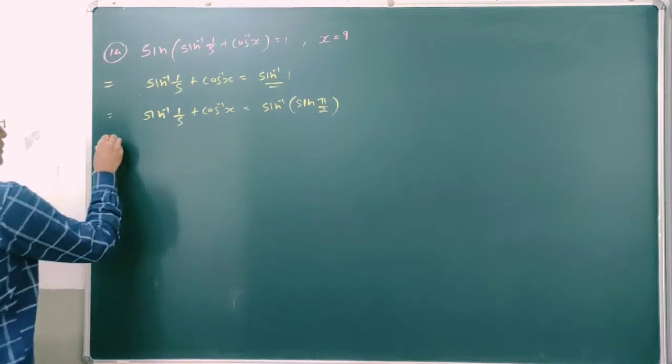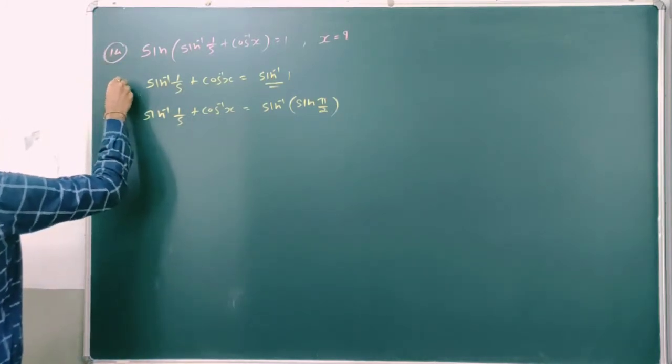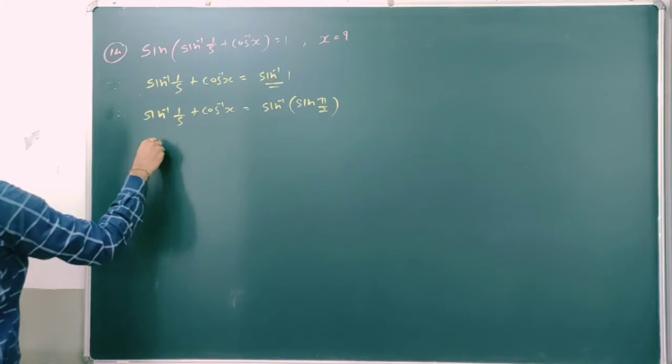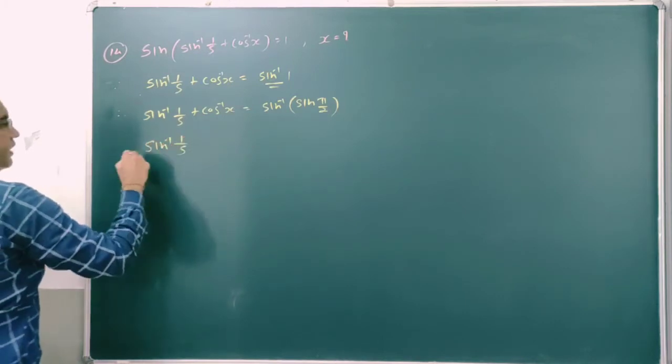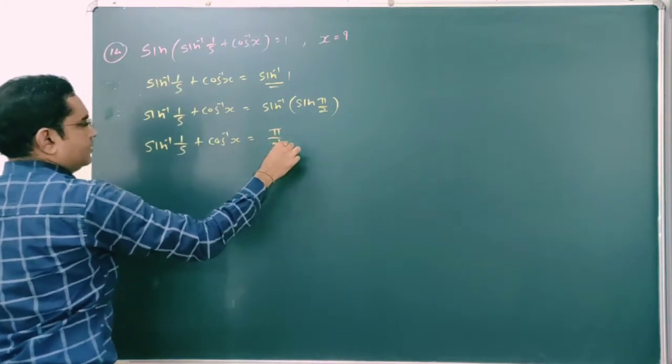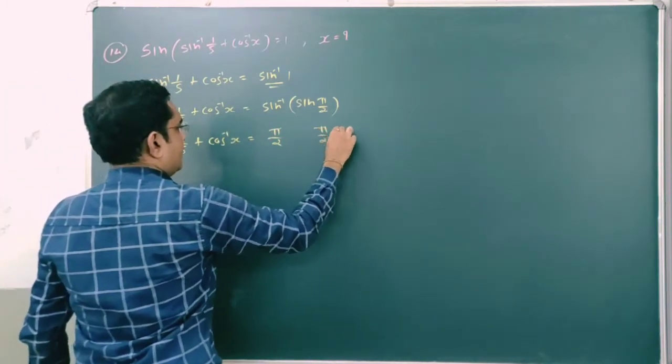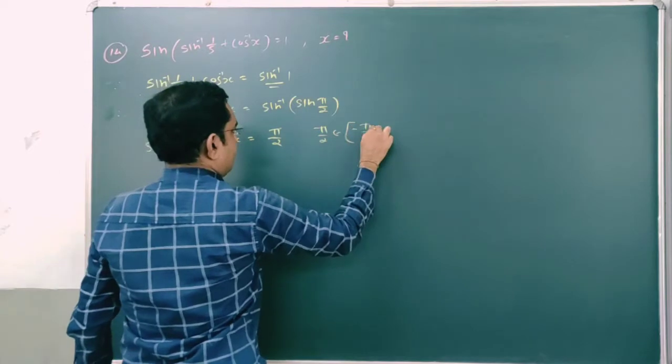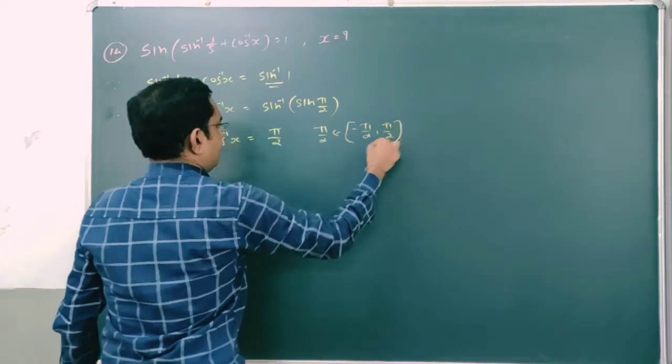Therefore, sin inverse 1 by 5 plus cos inverse x equal to pi by 2. What is the reason? Because pi by 2 lies in the principal range of sin inverse, minus pi by 2 to plus pi by 2.